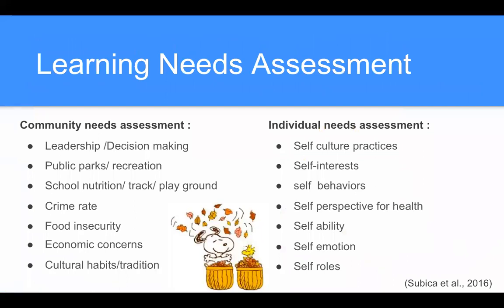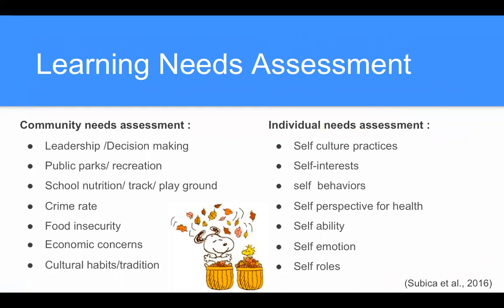Learning needs assessment. A community includes a group of people, and people are composed of individual persons. So, learning needs assessment should be divided into community and individual. Community needs assessment includes leadership, like a school principal, or park and recreation that will promote physical activity.